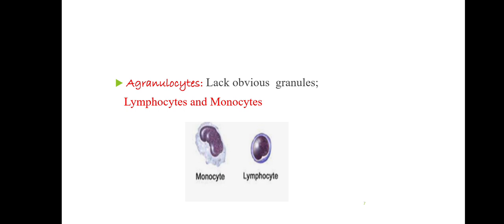We want you to understand what differentiates a neutrophil from an eosinophil, a basophil from a monocyte, and a monocyte from a lymphocyte. Even when you are studying, you should be able to know the differences. In what condition are the basophils the most? How are you going to differentiate eosinophils from neutrophils?